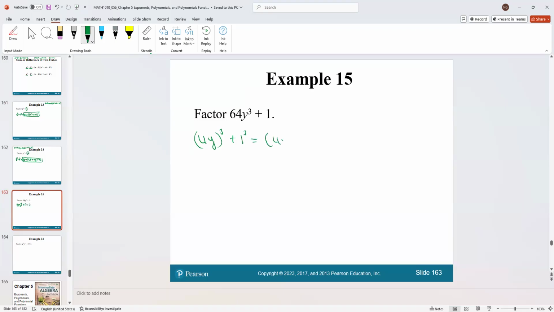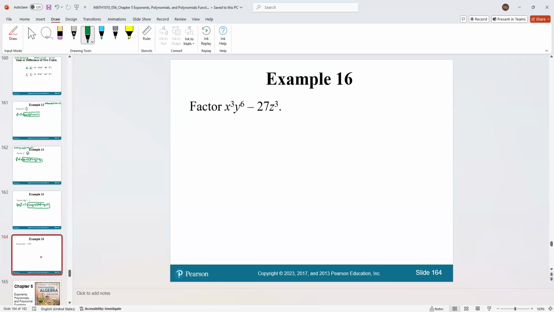So if you do 4y plus 1 times 4y power 2, which is 16y square, minus ab, that means minus 1 times 4y, which is 4y, plus 1 square. That's one of the examples and how you should proceed to do it.